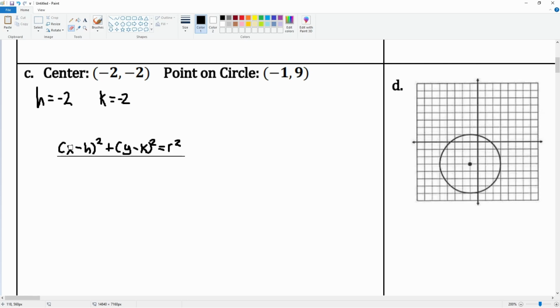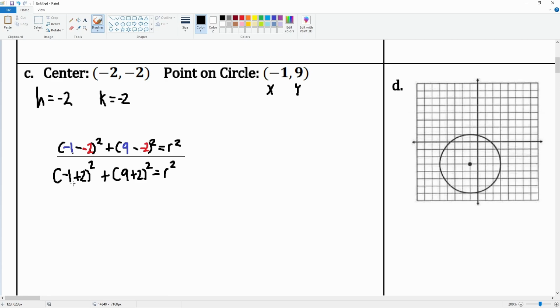I take out the x's and the y, so this can be -1 and this can be 9. Then these are your centers, -2 and -2. So this can be simplified: (-1 + 2)^2 + (9 + 2)^2 = r^2.